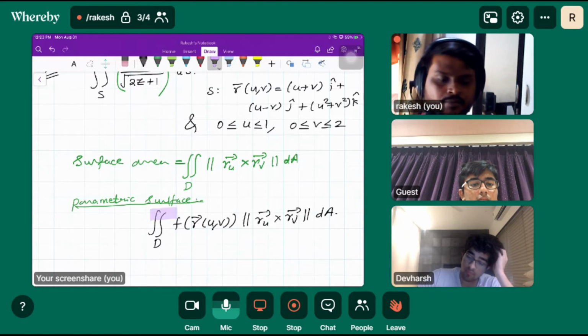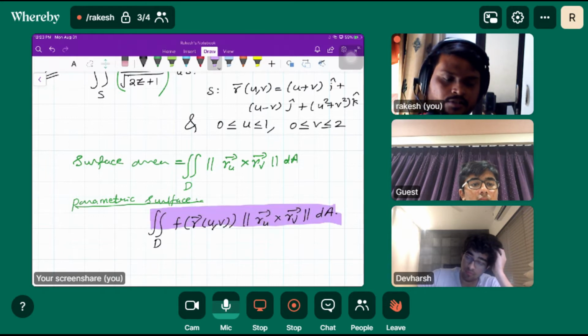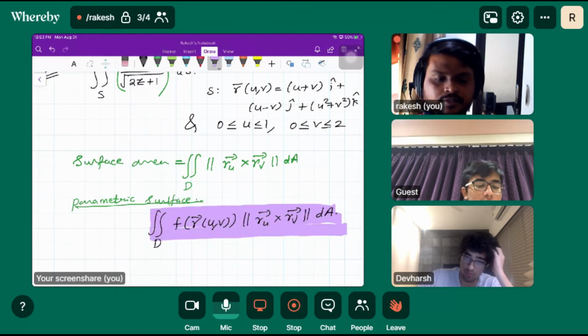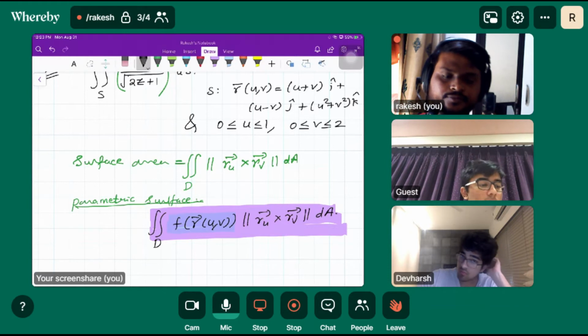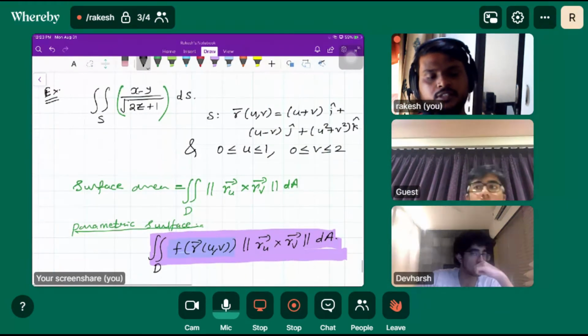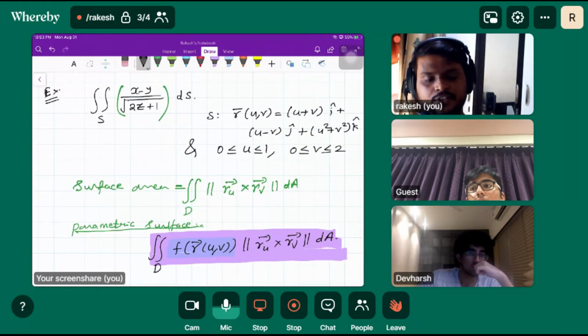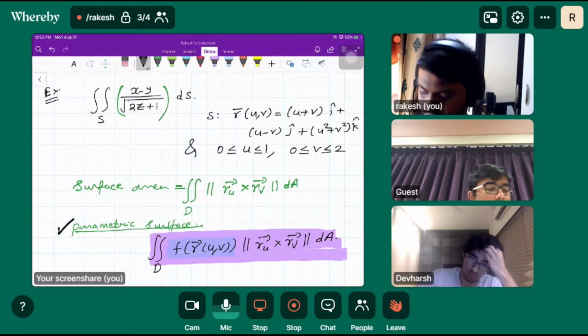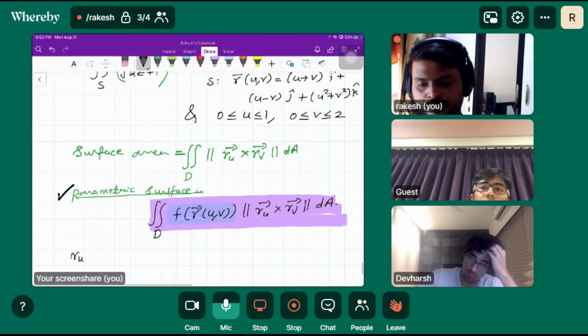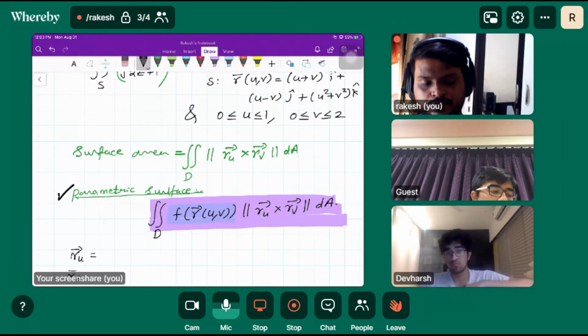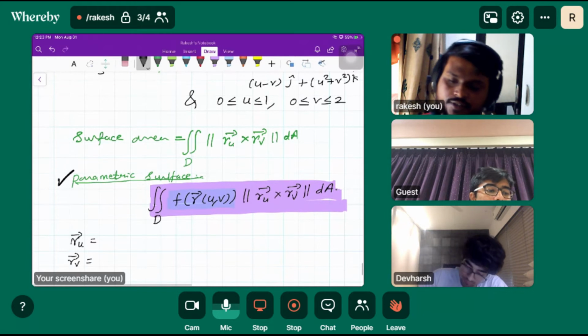This will give you the mass because this function is the mass density function. Now apply this formula and find out the mass. For that you'll have to find the partial derivative with respect to u and with respect to v. Let me know the values of it.